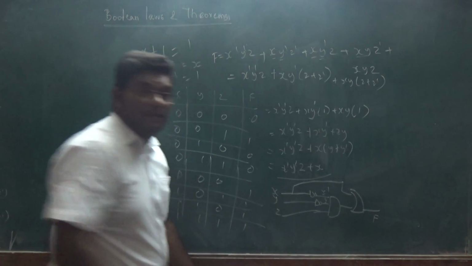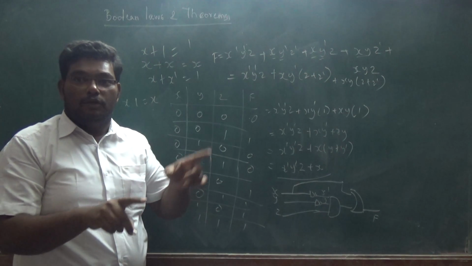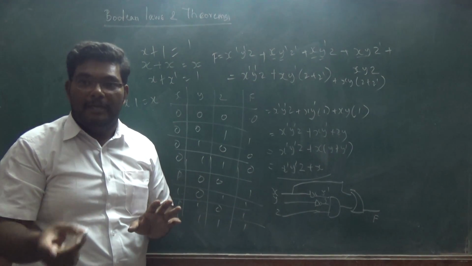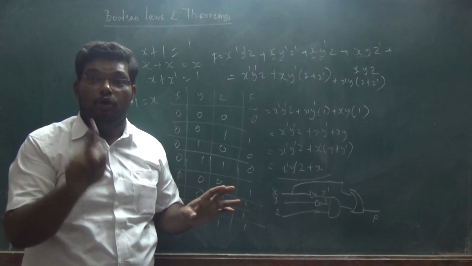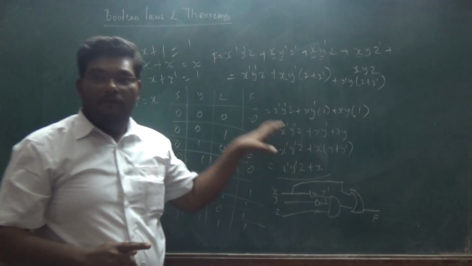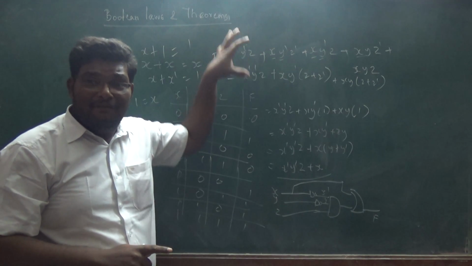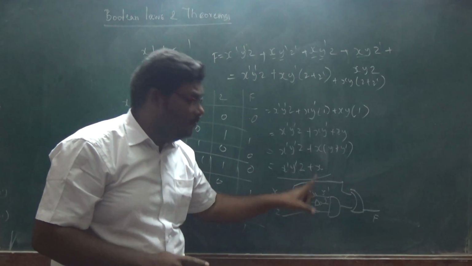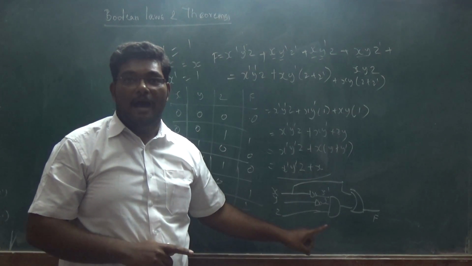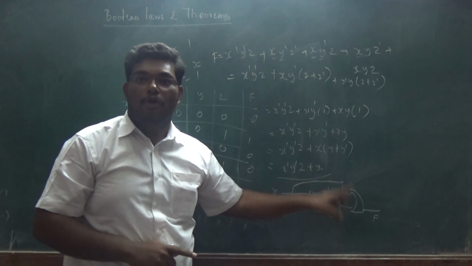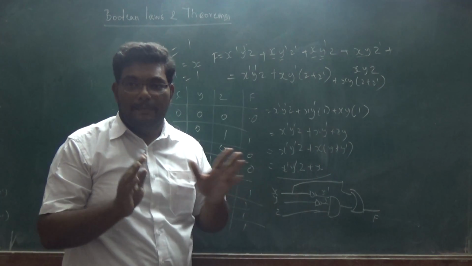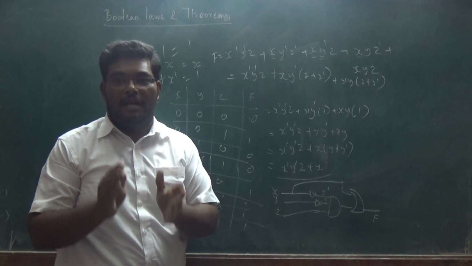That is the function. Previously, from the truth table, the combinational circuit needed 21 gates. Now, using Boolean theorems, postulates, and algebra, we need only 4 gates: one logical AND gate, one logical OR gate, and 2 logical NOT gates.